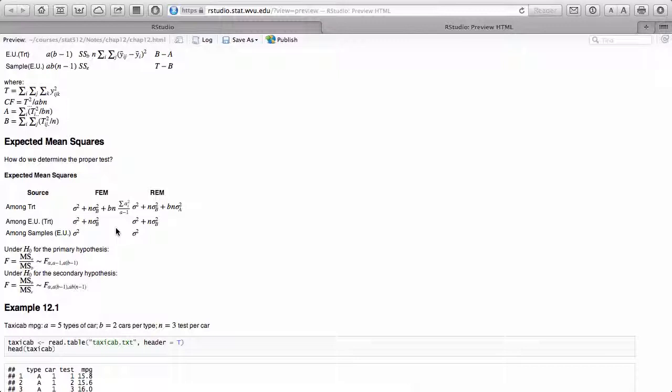Now, suppose I'm testing a hypothesis in the random effects model, say for sigma squared sub B. How would I test the variation among the experimental units of treatment being 0?